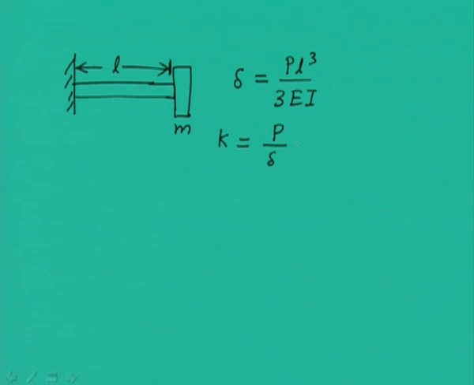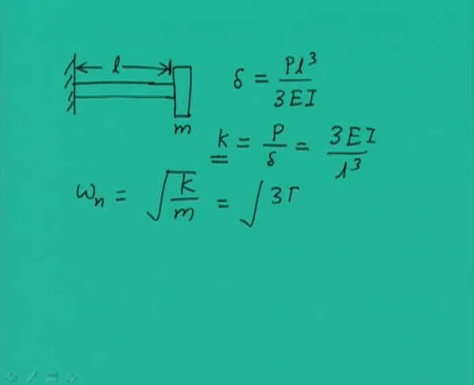Using this formula we can write this as 3EI by L cube. Once we know this equivalent stiffness, the natural frequency of the system can be written by substituting this stiffness here. So we get the natural frequency of this system in which the mass has an up and down motion.